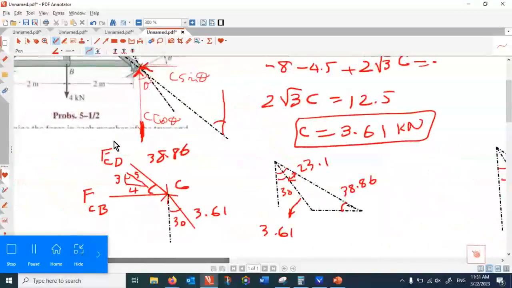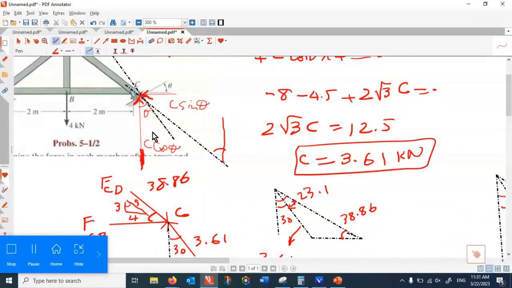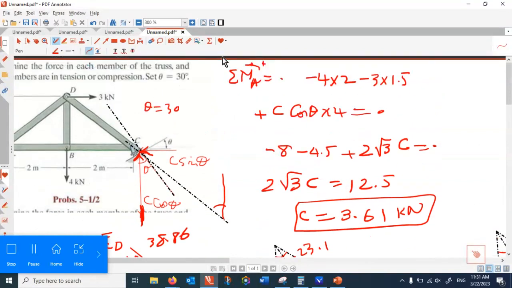All right, how did I get that? Here I have a triangle. What is that angle? This is 38.86. And what is this angle?